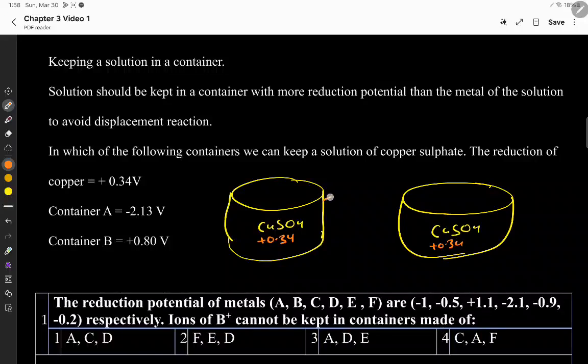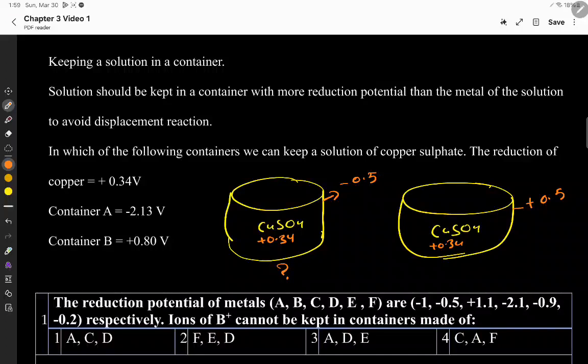This container, if it is made of metal with a reduction potential of negative 0.5, or another metal with a reduction potential of positive 0.5, can we keep the copper sulfate in this container?